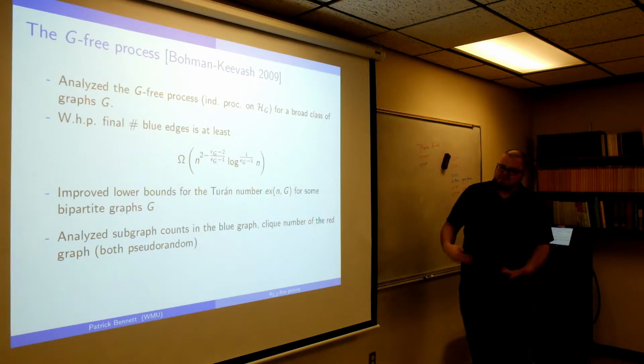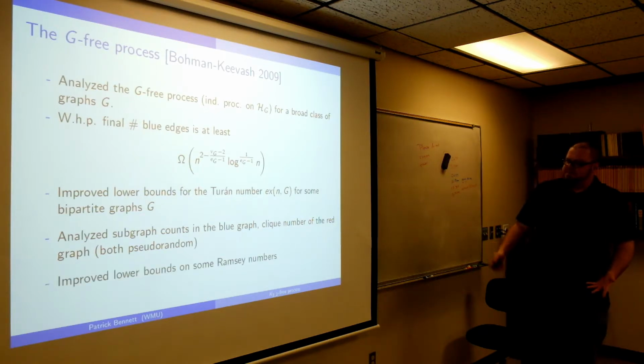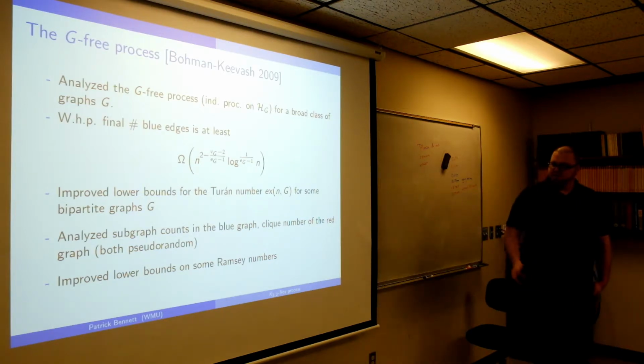But if it doesn't have G in it, then it's going to be pseudo-random. And what's the clique number of your graph? It's the same as the clique number of a uniform random graph with the same density. And because they analyze the clique number, this again gives some lower bounds on Ramsey numbers.